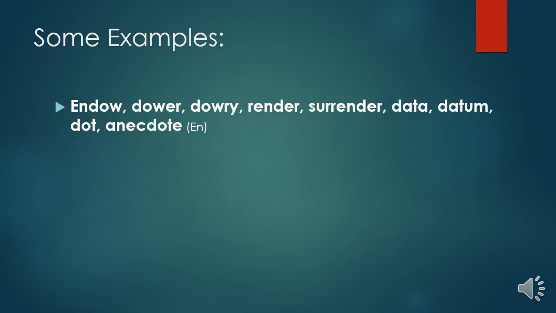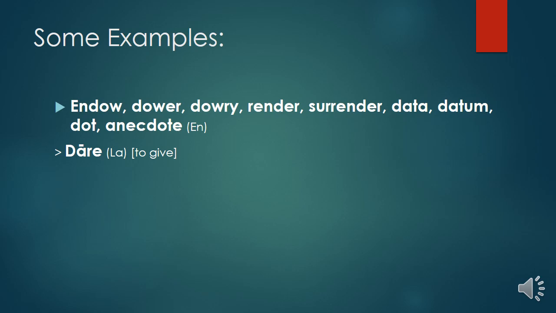The next group of words includes indo, data, render. They have a root in dare in Latin, that means to give.